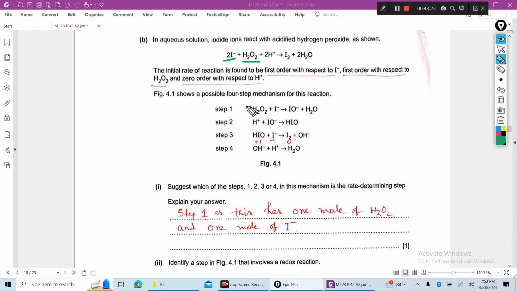So step 1 will be the rate determining step, because it has 1 mole of H2O2, since the order for H2O2 is 1, and 1 mole of iodide ion, since the reaction is first order with respect to iodide ion. So step 1 is the rate determining step, because 1 mole of H2O2 and 1 mole of I- are involved in this step.